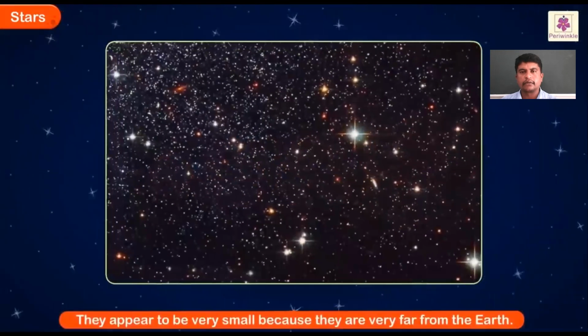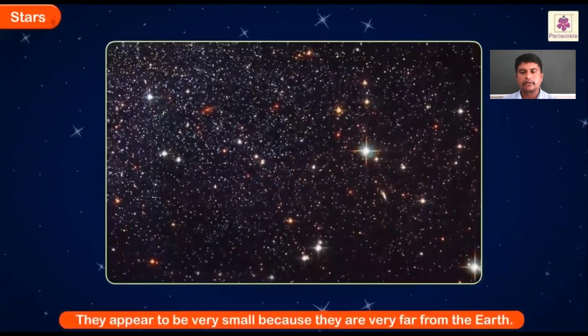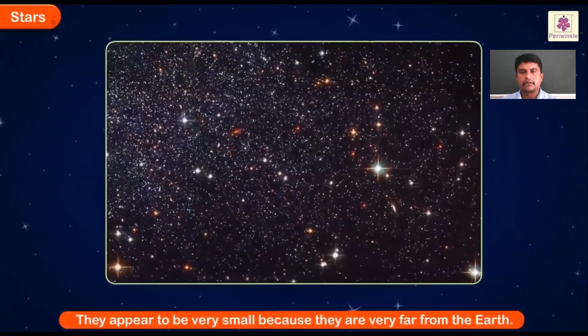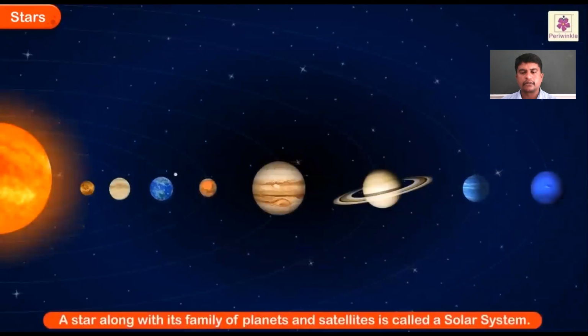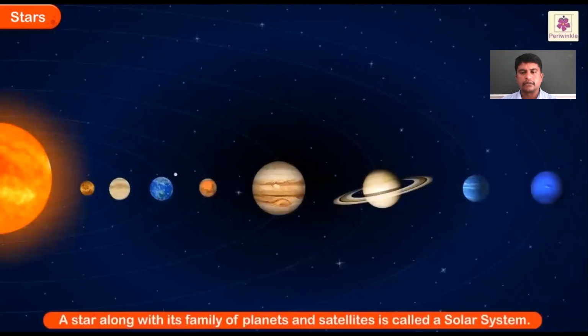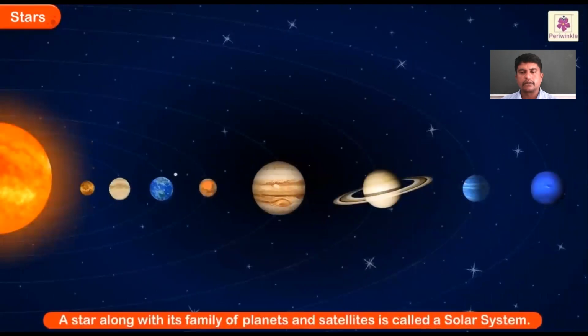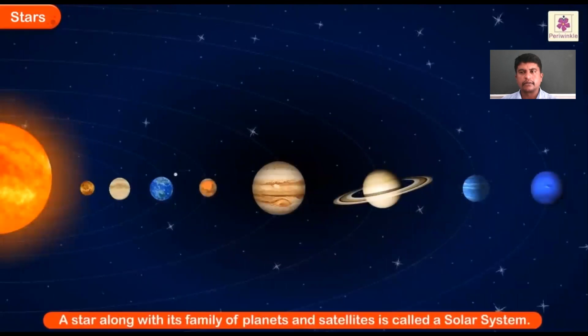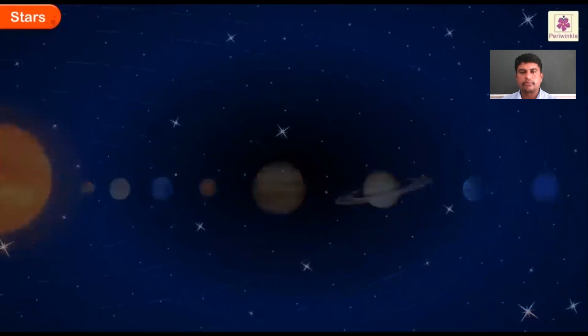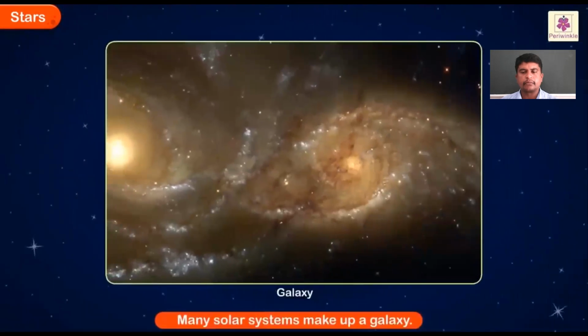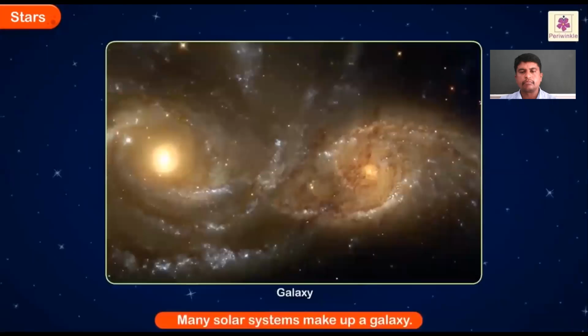They appear to be very small because they are very far from the earth. A star, along with its family of planets and satellites, is called a solar system. Many such solar systems make up a galaxy.